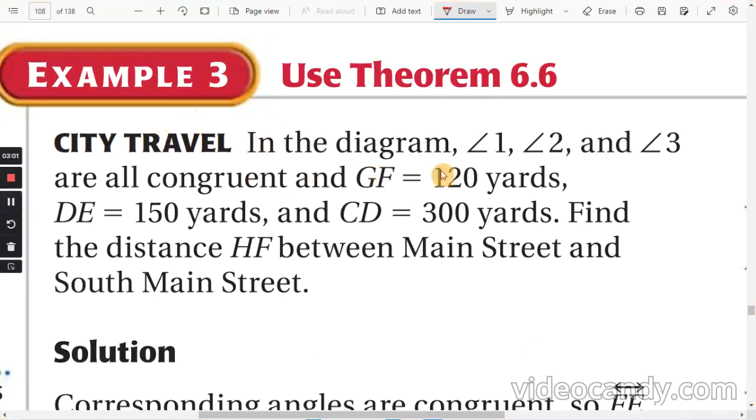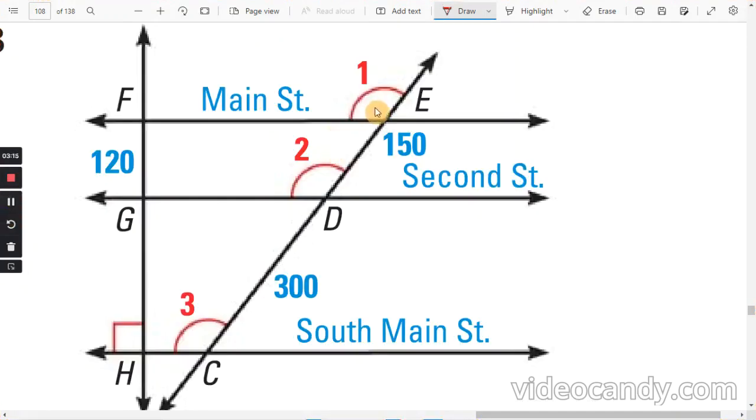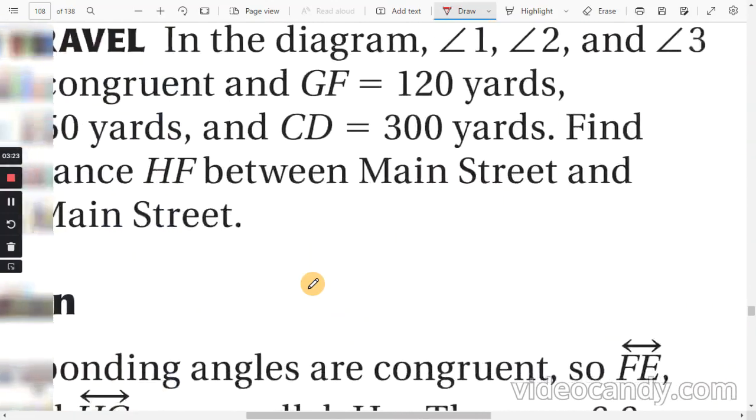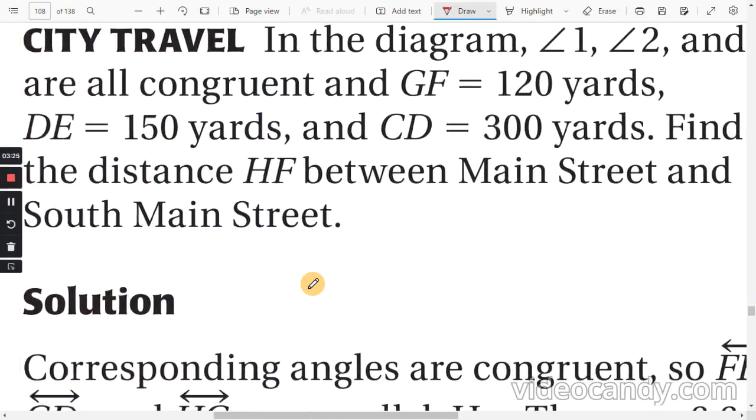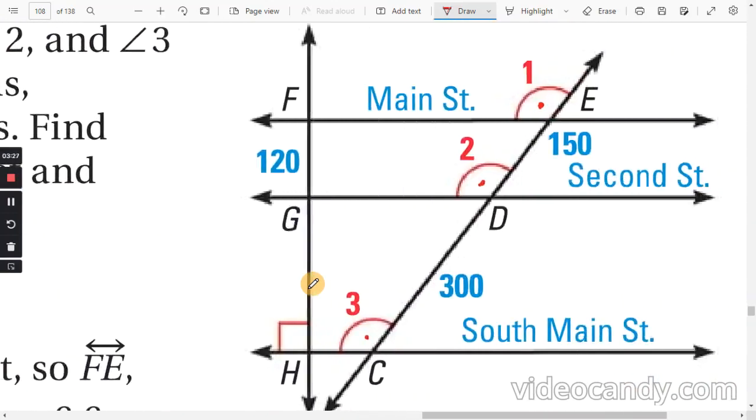Example 3: in the diagram, angles 1, 2, and 3 are all congruent. GF is 120, DE is 150, CD is 300. Find the distance HF between Main and South Main. Let's see. Okay, so these angles 1, 2, and 3 are marked congruent, and 120, 150, and 300 are all marked on the diagram.